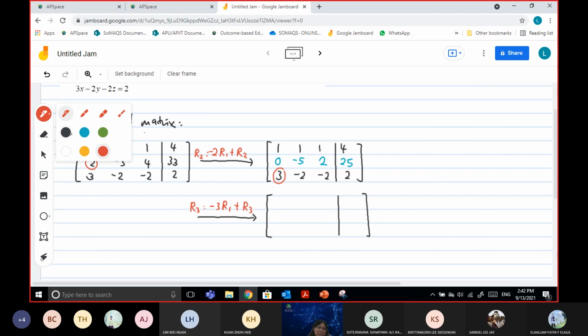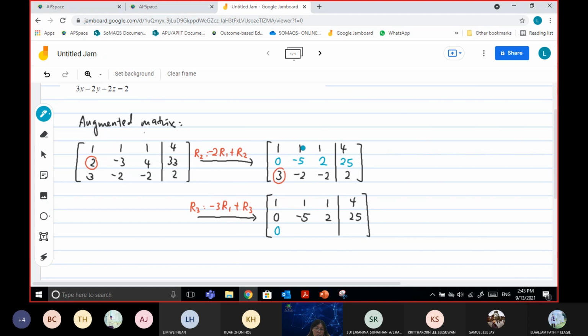Since the operation is on the third row, the first two rows remain with all their values. So our changes are on the third row. The first row multiplied by negative 3 plus 3, you get a 0.